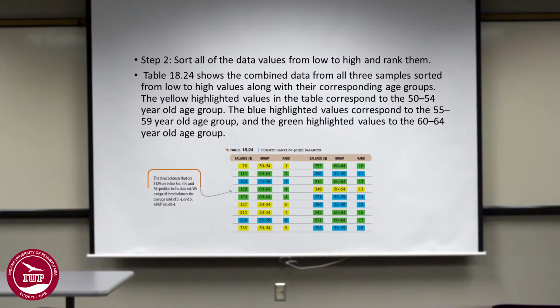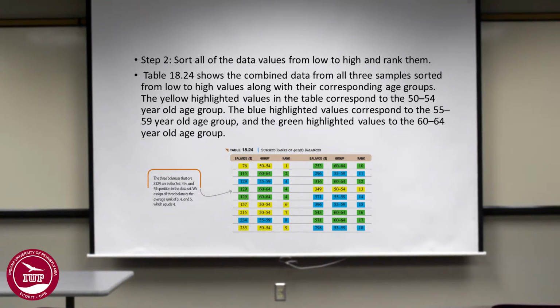Step 2. Sort all of the data values from low to high and rank them. Table 18.24 shows the combined data from all three samples sorted from low to high values along with their corresponding age groups.